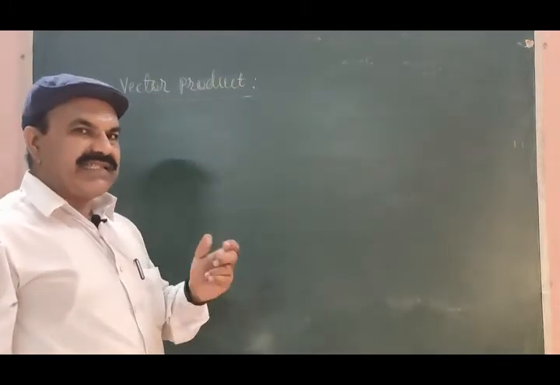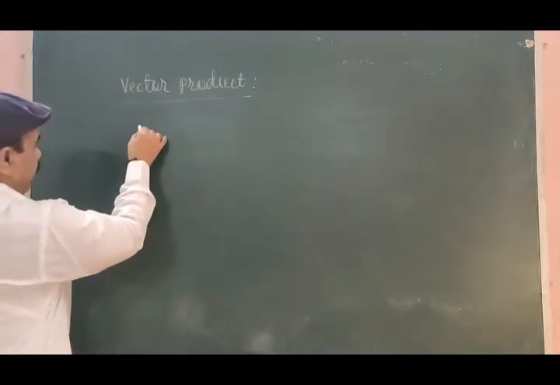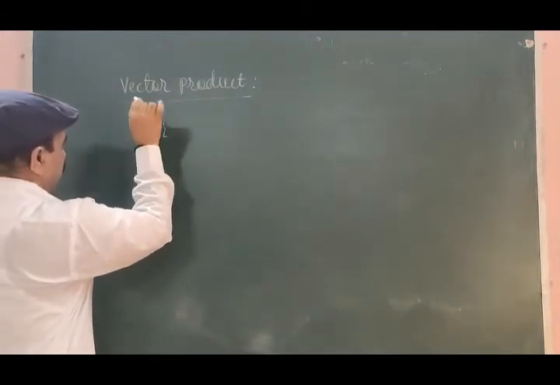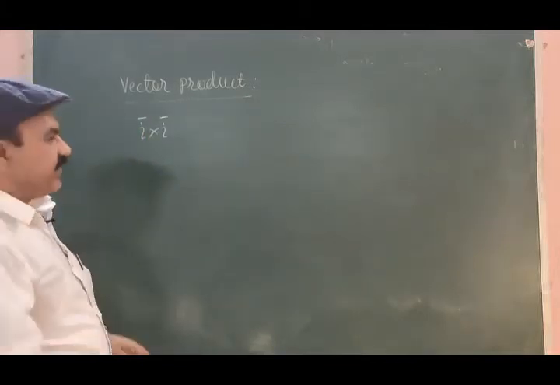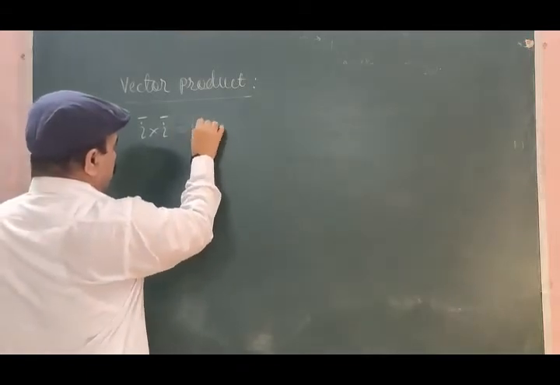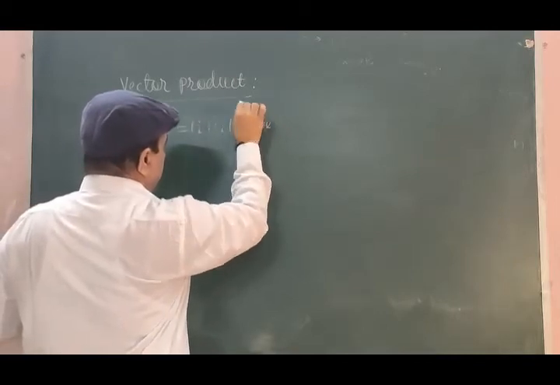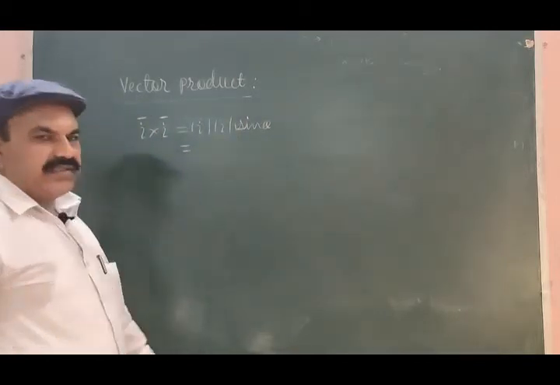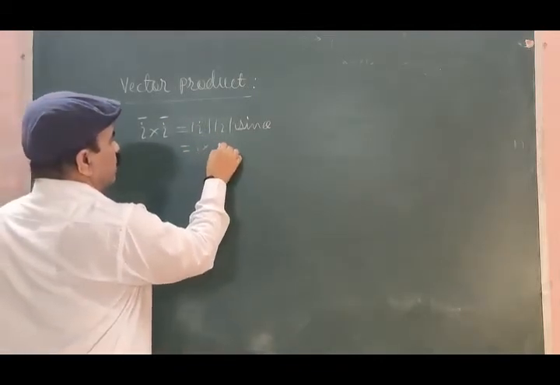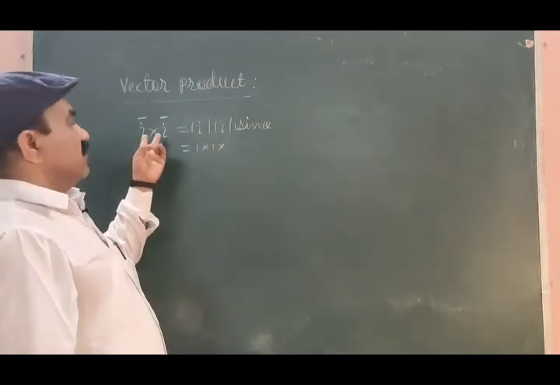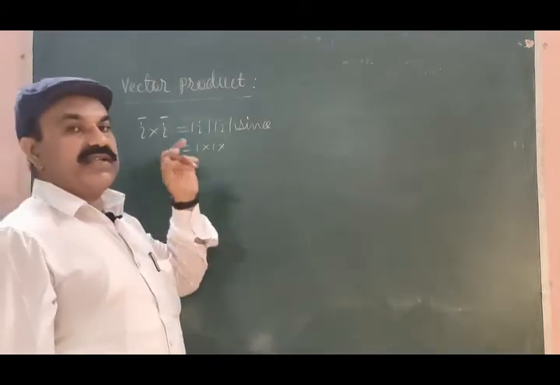Let us start in the same way we did in the scalar product. Vector i cross i is equal to magnitude of i into magnitude of i into sin theta. i is a unit vector, so it is 1 into 1 into sin theta.